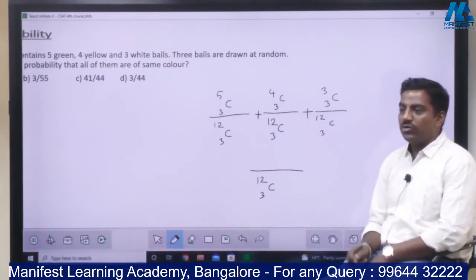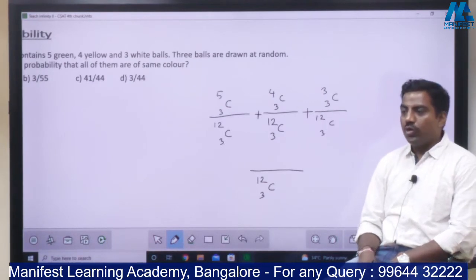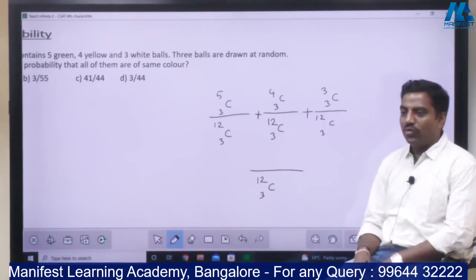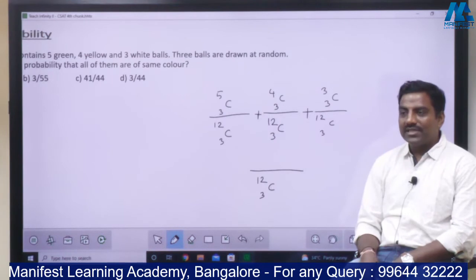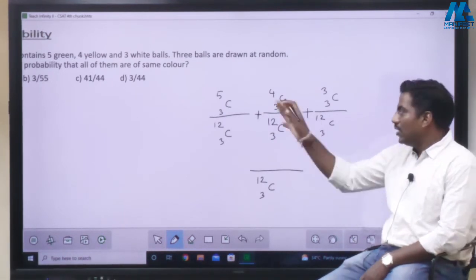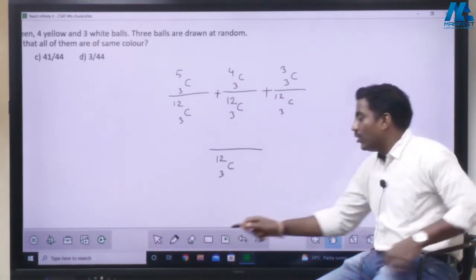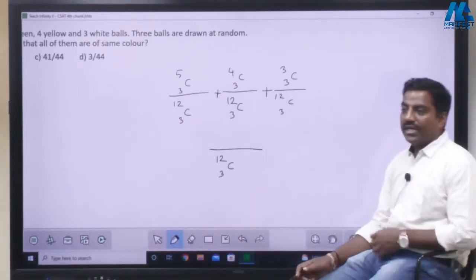Here also 4 into 3 into 2 divided by 3 into 2 into 1. 3 into 2 into 1 divided by 3 into 2 into 1. In all the cases, you are getting 3 into 2 into 1. In the numerator, you are getting 3 into 2 into 1 in all the cases. Yes or no?